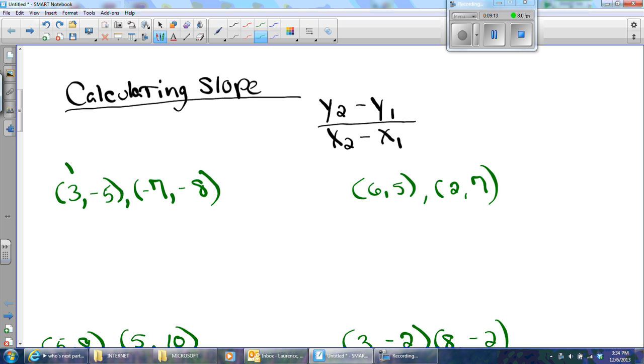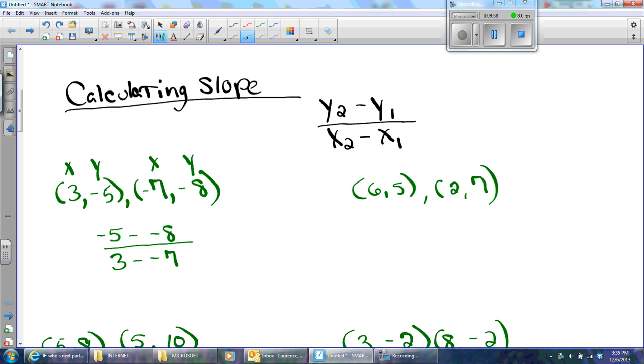You've got an x and a y, an x and a y. I'm going to subtract my y's. Well, maybe I'm going to do -5 minus -8. It's not 8 because that's not an 8 in there. That's a -8. I need -5 minus -8. I'm always subtracting. Then I'll have 3 minus -7.